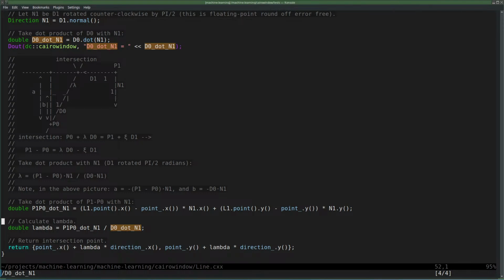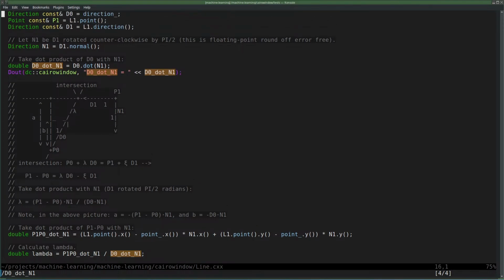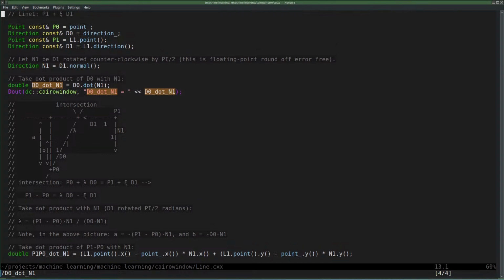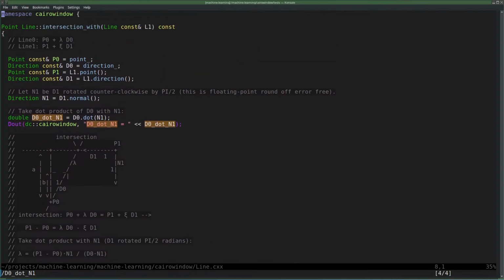What the hell is L1? Oh, that's the line. Yep, of course. So those are the points. L1 is P1.